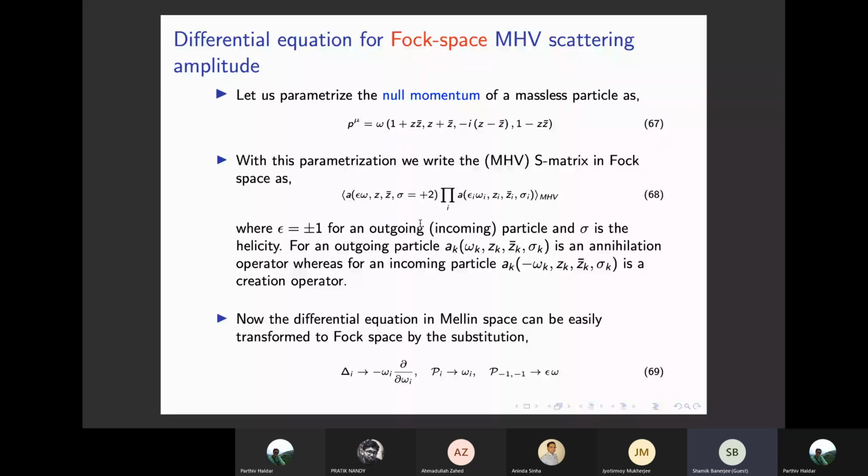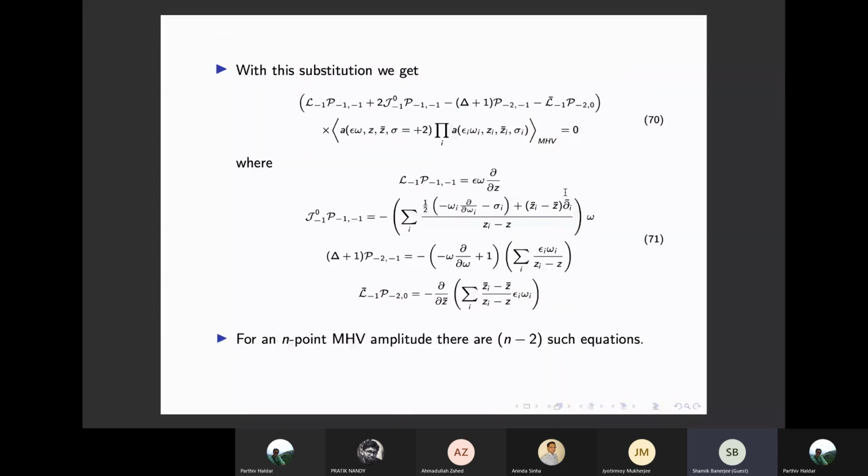So now I can make this replacement, and in Fock space these differential equations just become this. Now I have got back the omegas which I integrated out.